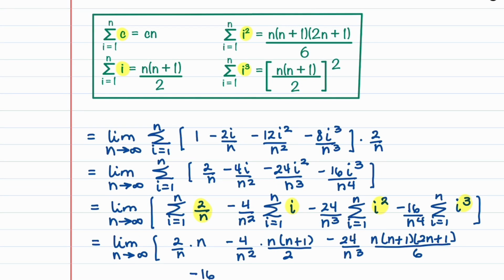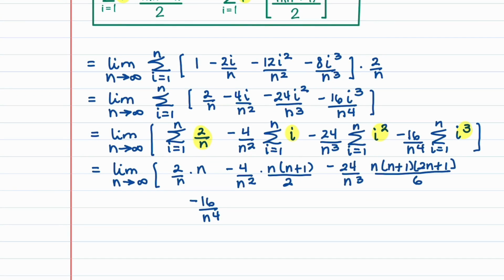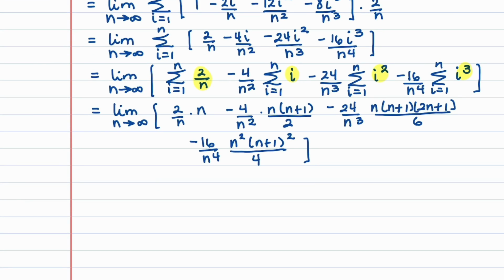There is our i cubed. So this is equal to n squared times n plus 1 squared, all divided by 2 squared, which is 4. Before we find the limit, we need to do a lot of algebra. This is what makes this problem difficult. Hang with me, we are getting close to being done.